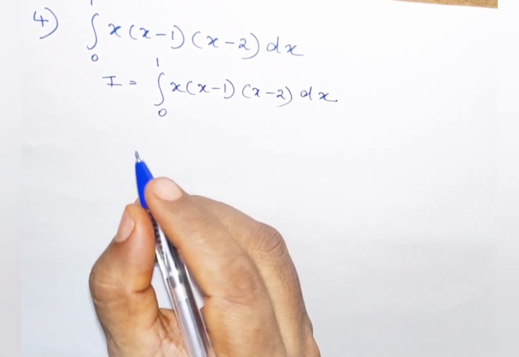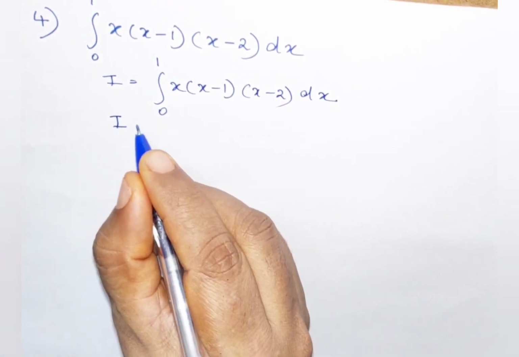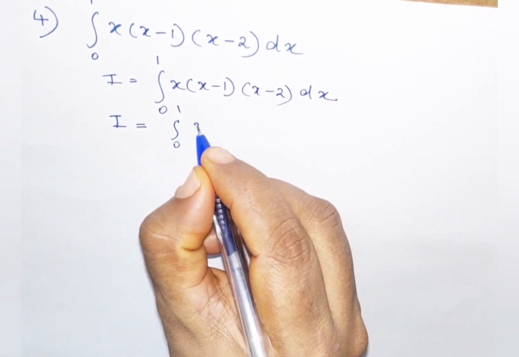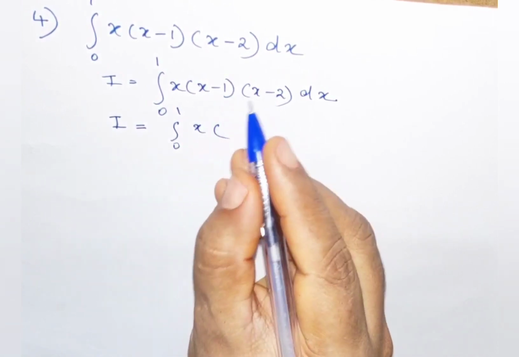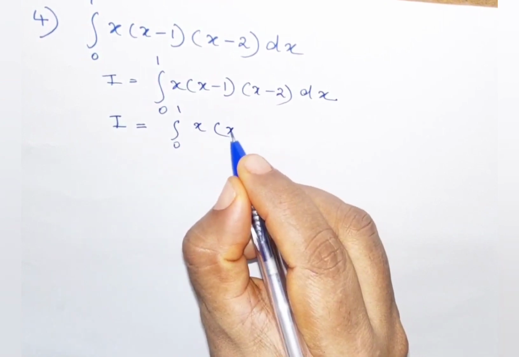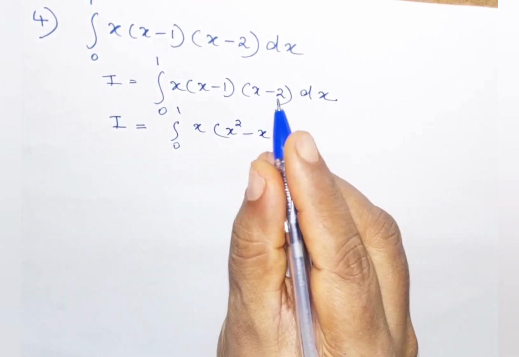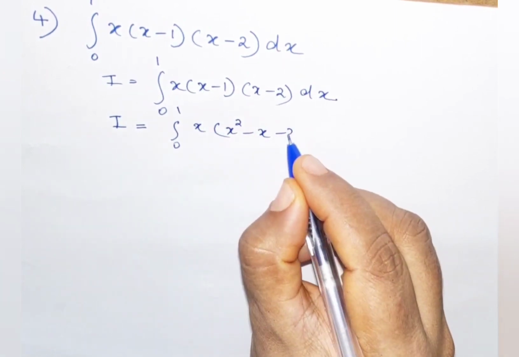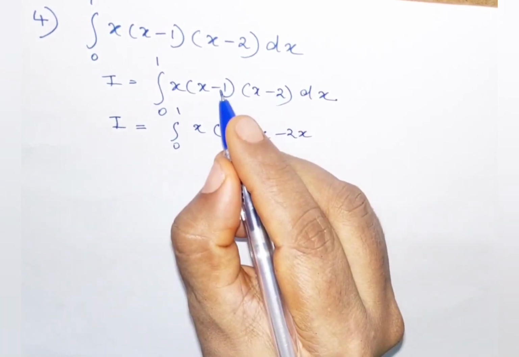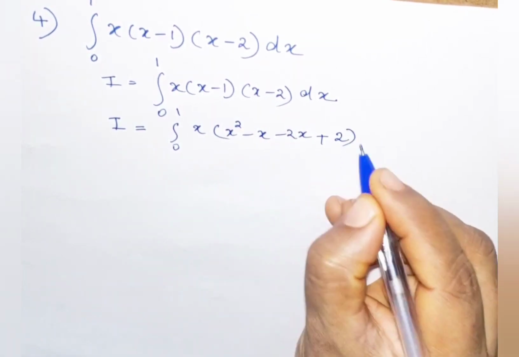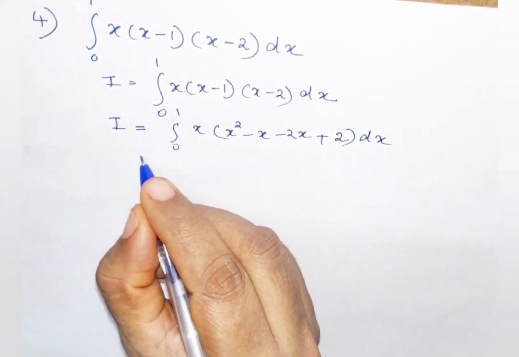Now this will become equal to integral 0 to 1 of x into, we are multiplying (x - 1) with (x - 2). So x into x is x^2, minus 1 into x is x, then minus 2 into x is minus 2x. Minus 2 into minus 1 becomes plus 2, minus into minus is plus, 2 1s are 2, dx.